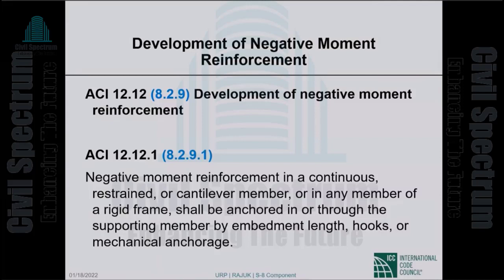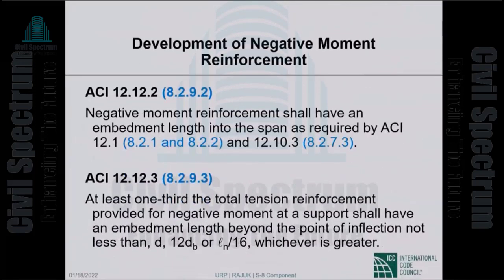Negative moment reinforcement in a continuous restraint or cantilever member or in any member of a rigid frame shall be anchored in or through the supporting member by embedment length, hooks, or mechanical anchorage. I don't want to elaborate on that. I think that's understandable. Negative moment reinforcement shall have an embedment length into the span as required by ACI section such and such.